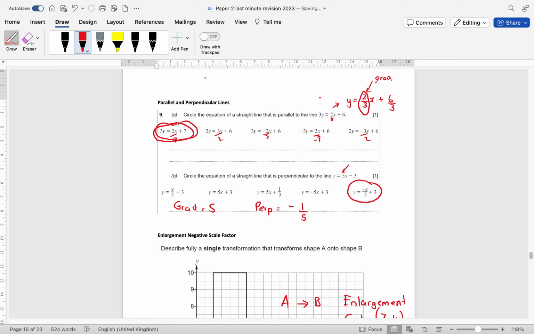So to be parallel, the gradients have to be the same. To be perpendicular, the gradients have to flip the sign and flip, or take the reciprocal of, the number. So the gradient of our line here is 5. If I want something perpendicular, I'm looking for a gradient where the plus becomes a minus, and the reciprocal of 5 is 1 over 5.